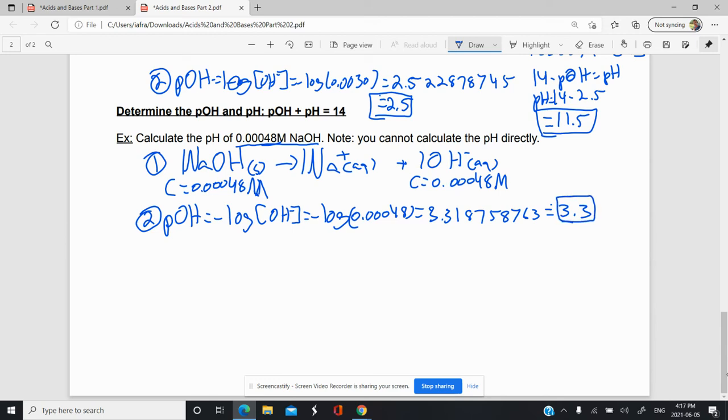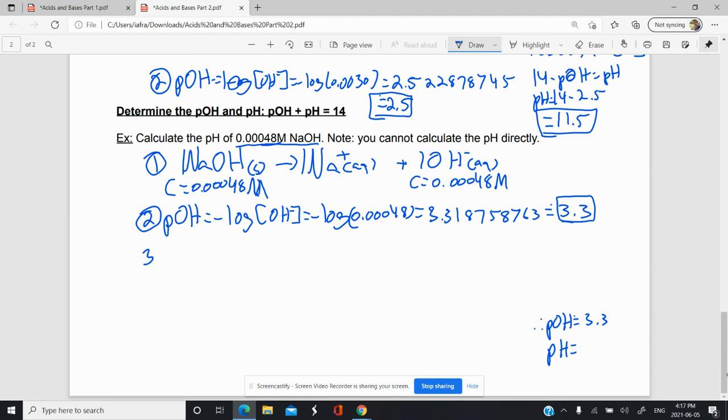So we have our first part here, the pOH found. So I'm just going to put my therefore pOH is approximately 3.3.